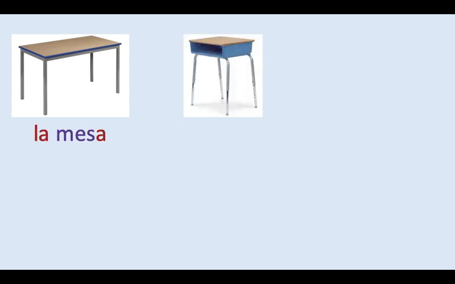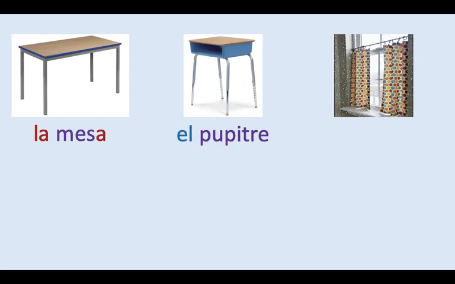¿Cómo se dice the table? Repita, la mesa. The student desk starts with the letter P, P. Repita el pupitre. ¿Cómo se dice curtain? Close to that English word.